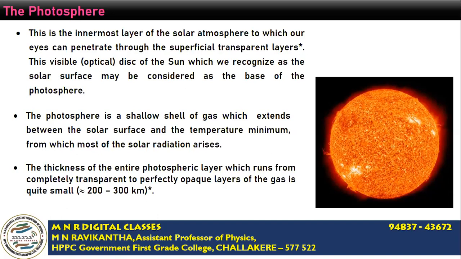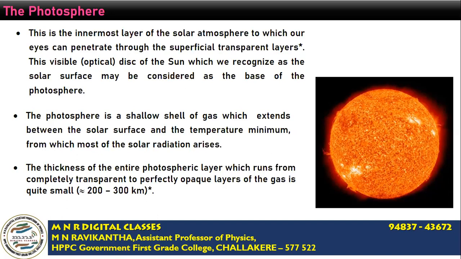But if we observe near the limb of the sun, that is at the edges of the sun, our eye can penetrate through the cooler superficial layers to deeper ones. So the thickness will be more at the limbs and it becomes cooler. This effect is known as the limb darkening effect.